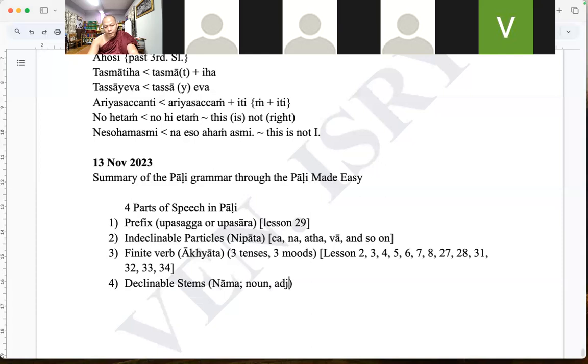and then adjectives, and then pronoun, and then compound noun, and the derivative noun.